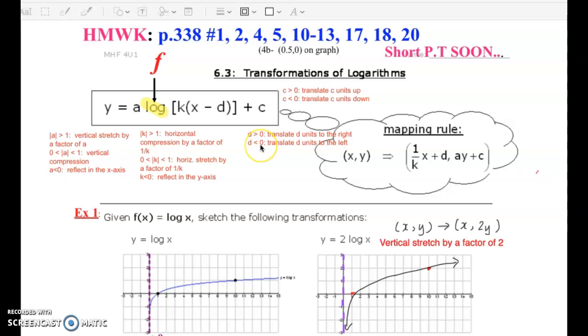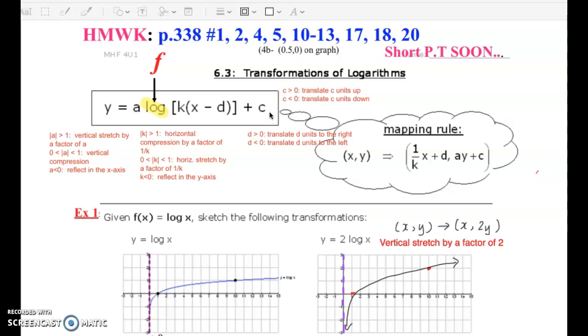But if d is a negative number, so if I substitute a negative number in this expression, I will have x minus a negative number that turns into x plus the number, which makes a translation d units to the left. And then c affects up and down translations. If it's positive, you move the graph up. If it's negative, you translate the graph down.